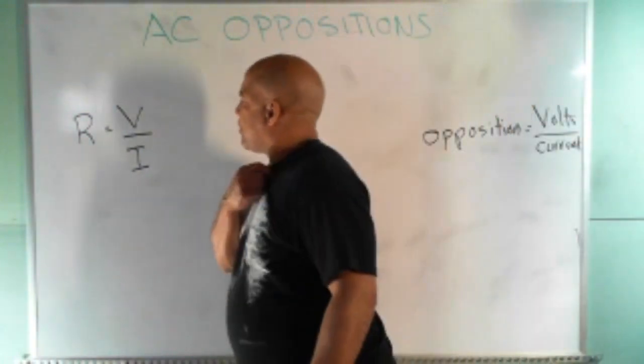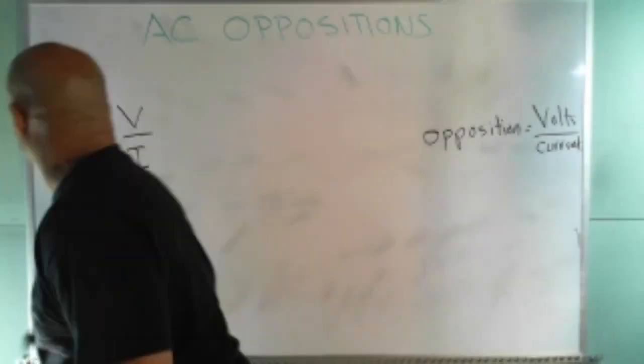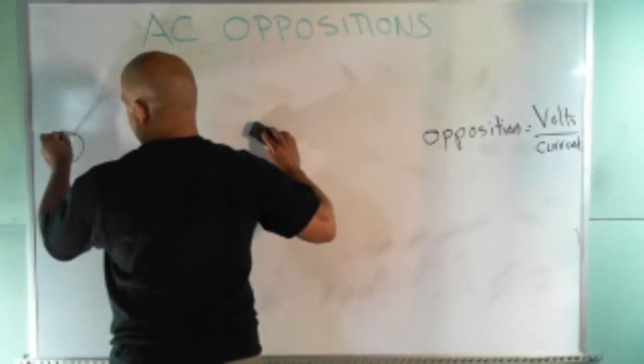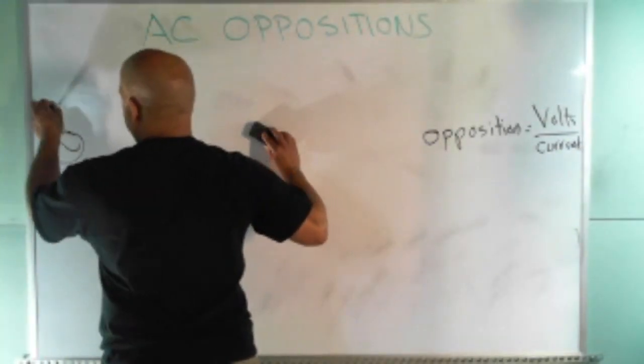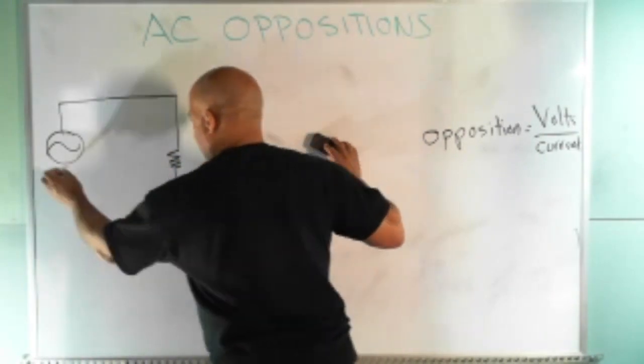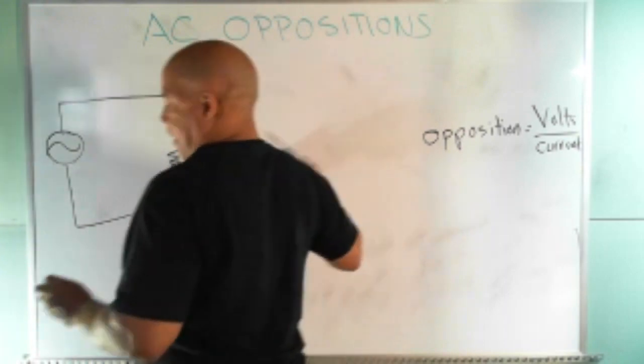Well, so let's say I have a circuit and I want to calculate the resistance. Let me give you the circuit. I got an AC circuit and I got a resistor. So here's my resistor.